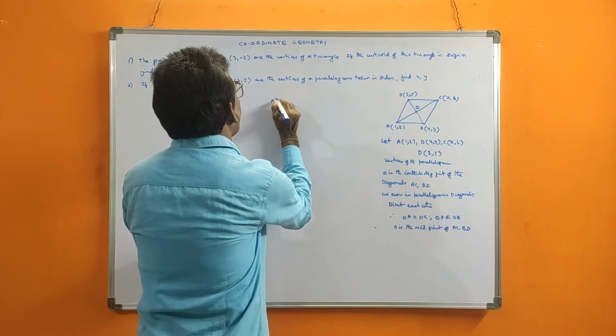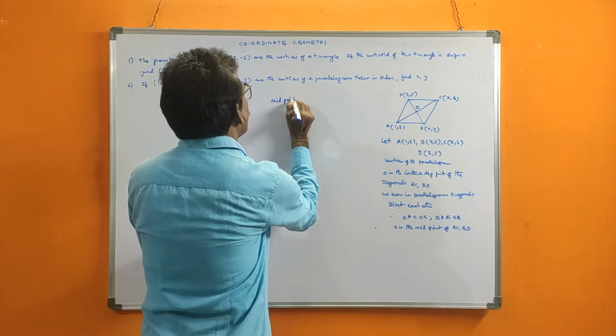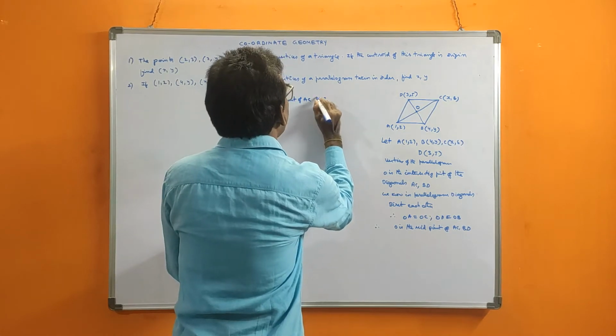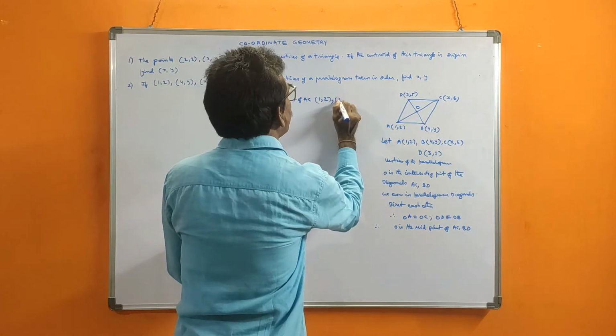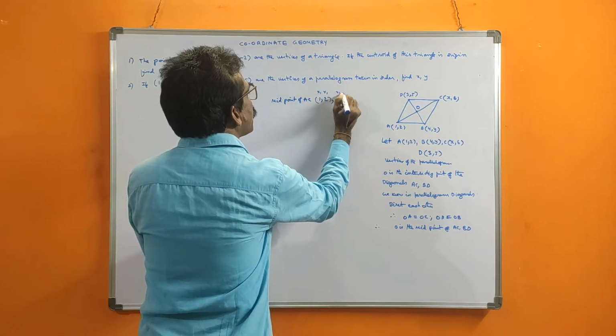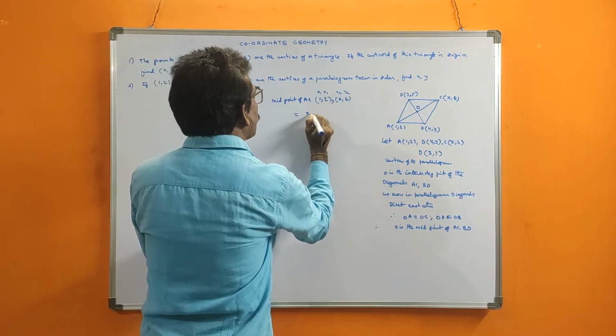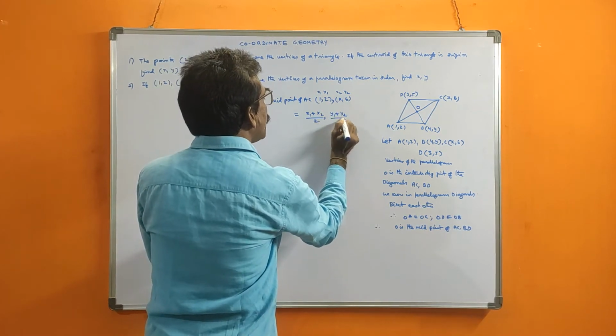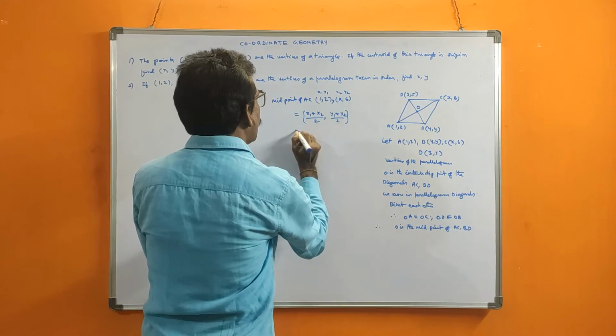Now the midpoint of AC. The points are A(1, 2), C(x, 6). Now x1, y1, x2, y2. The formula is what? (x1 plus x2) by 2, (y1 plus y2) by 2. This is the formula.